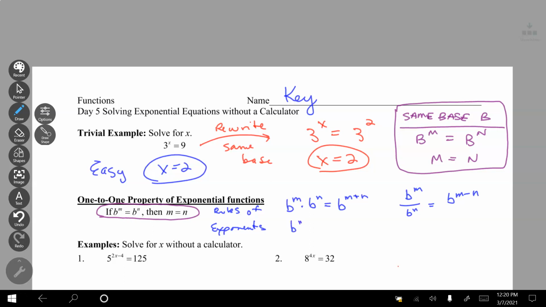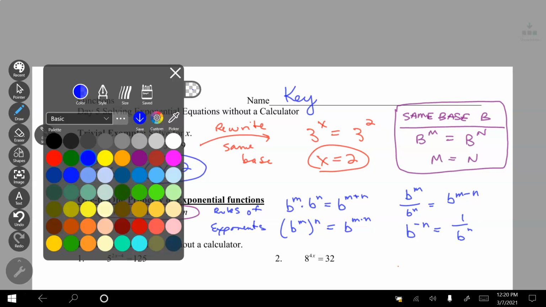When we do a power to a power, we multiply exponents. And something raised to a negative exponent is really 1 over something raised to the positive exponent.